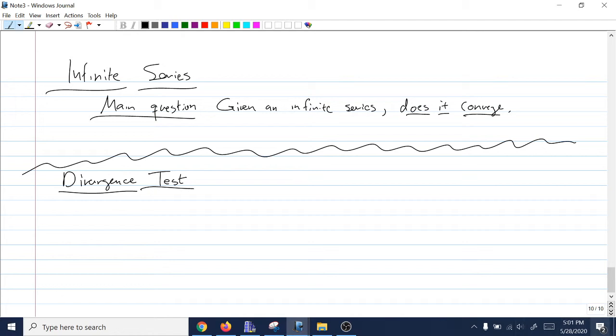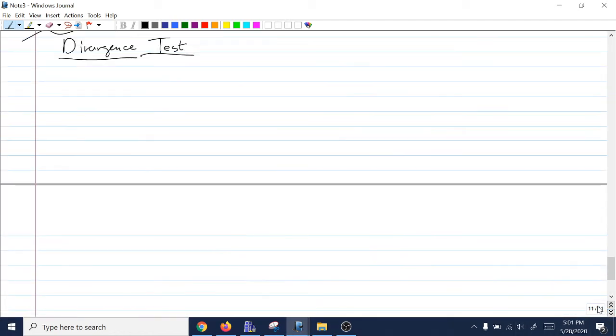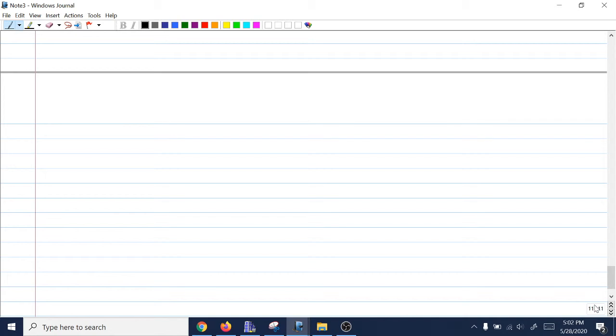Let's do a little sketch of what we can confirm from the divergence test. Suppose the sum from k equals 1 to infinity of ak converges.